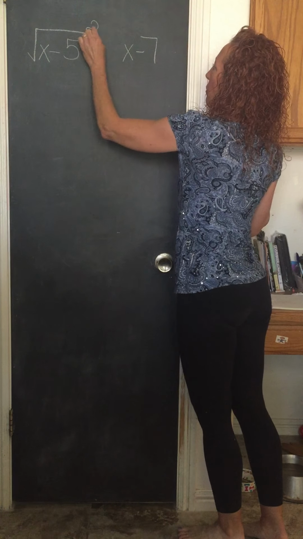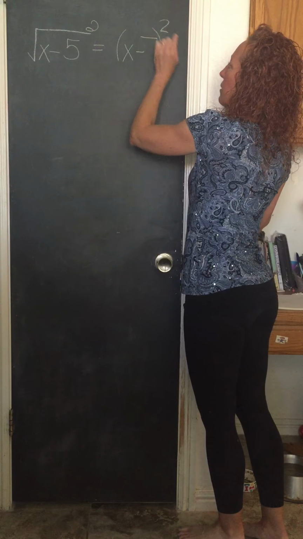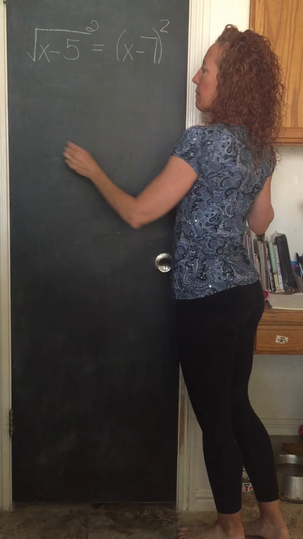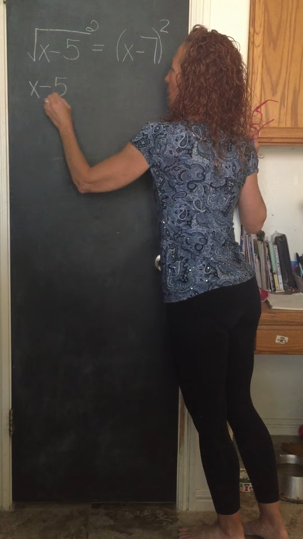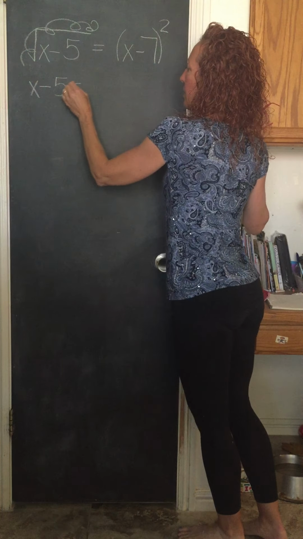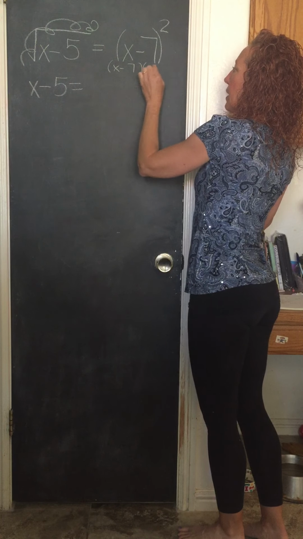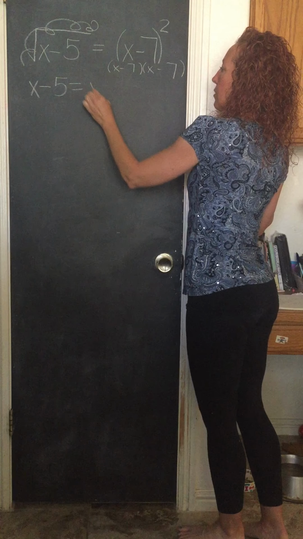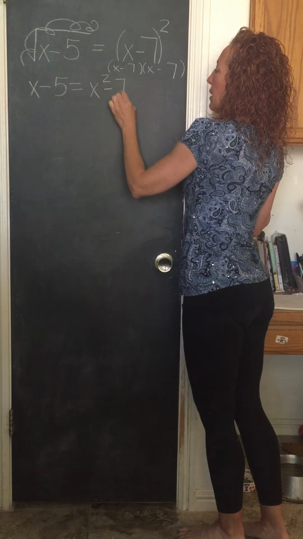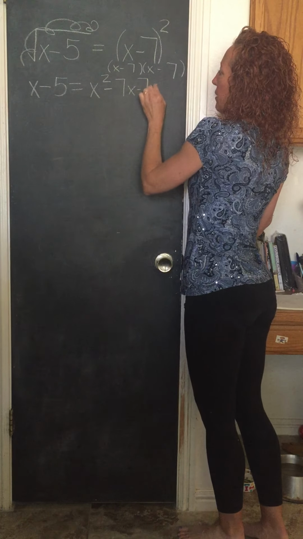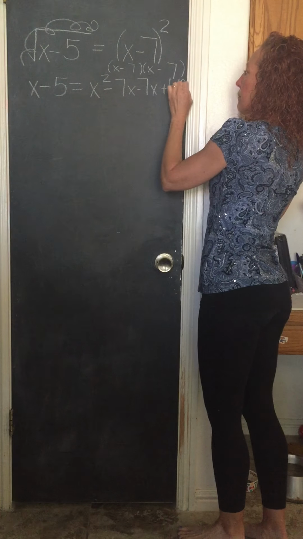All right, so we already have our radical isolated, so we jump straight to squaring. So that cancels. Over here we have x minus 7 times x minus 7. So that becomes x squared minus 7x minus 7x plus 49.